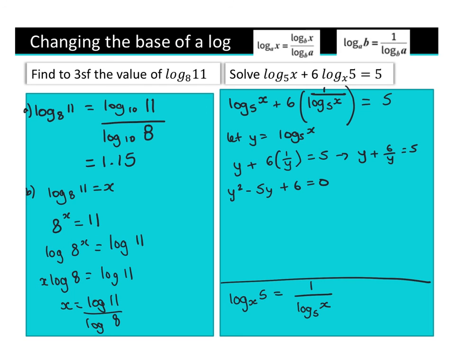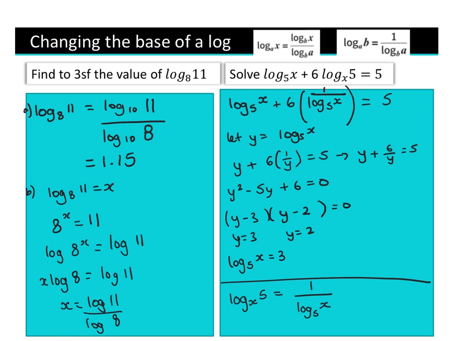Okay, now what am I going to do? I'm going to factorise because I can. Two numbers multiply to give you 6, but add to give you negative 5. (y minus 3)(y minus 2) equals 0. So that means y equals 3 and y equals 2. So now, this means that log to the base 5 of x equals 3.